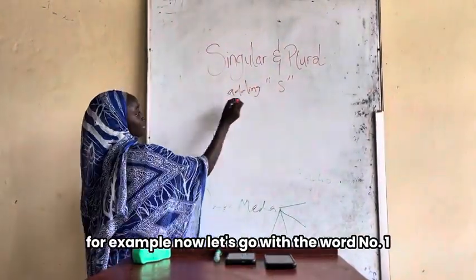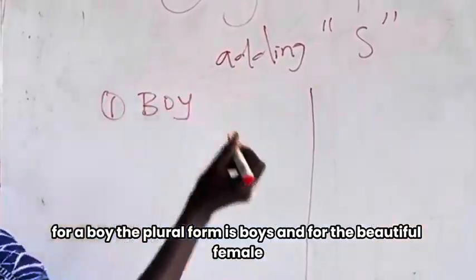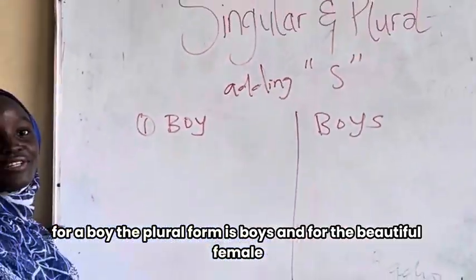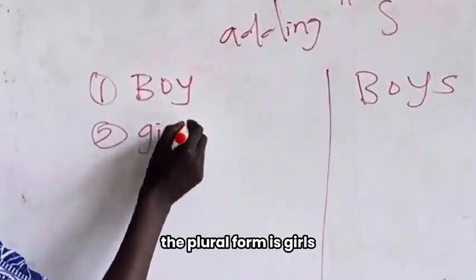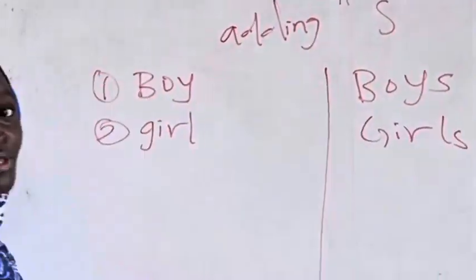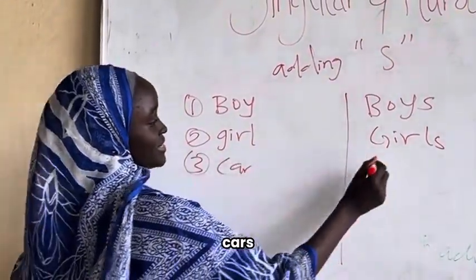For example, now let's go with the word number 1. For a boy, the plural form is boys. And for the beautiful female, for a girl, the plural form is girls. Car, cars.